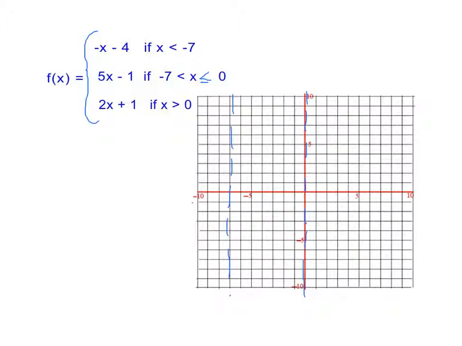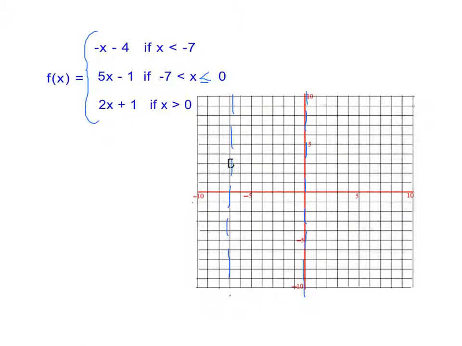Where x is less than -7, I have the line -x minus 4. So I'm going to go ahead and put -7 into here. If I put a -7 in for x, a negative times a negative is a positive. So 7 minus 4 is 3. So at x equals -7, the function would be 3.